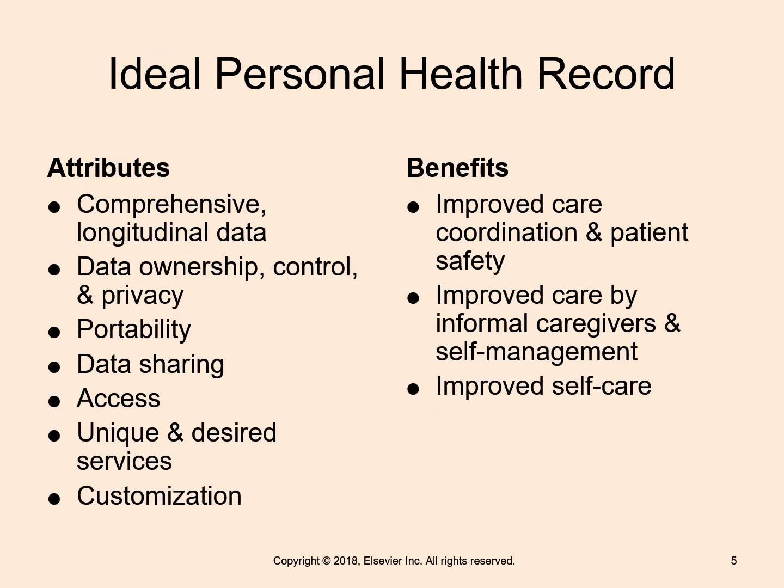An ideal personal health record would facilitate improved coordination of care between providers. It would reduce repetitive testing, conflicting therapies, and improve patient safety. A function that allows users to assign a delegate or a proxy to access and control their records might also improve care that is delivered by informal caregivers.